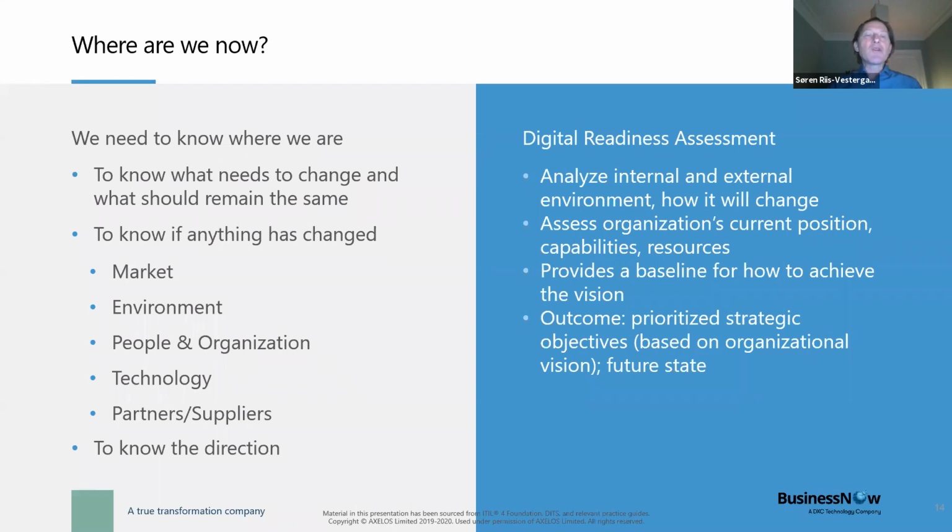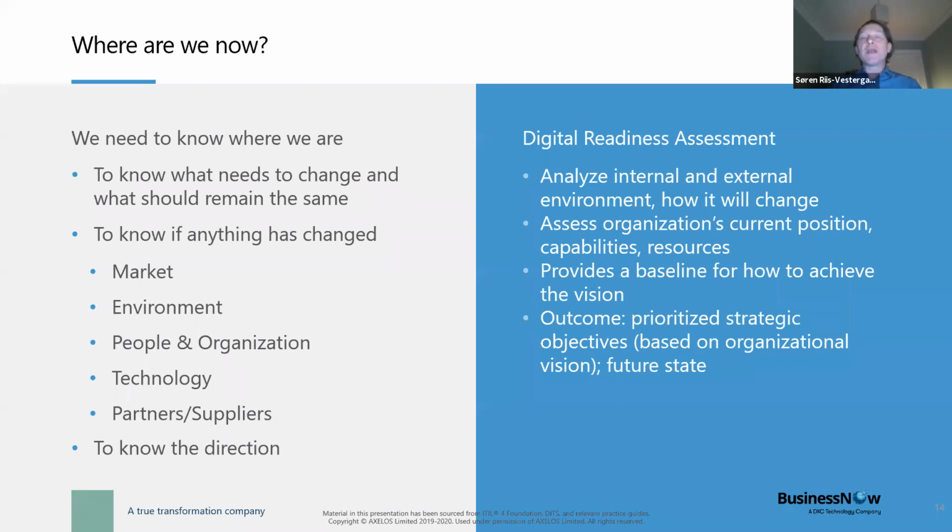So we need to know what needs to change and what should remain the same. We need to know what in the environment has changed, the market, our organization, our employees, technology opportunities, technology that have become redundant, even partners and suppliers. We need to know that in order to get inspiration to where we want to be.